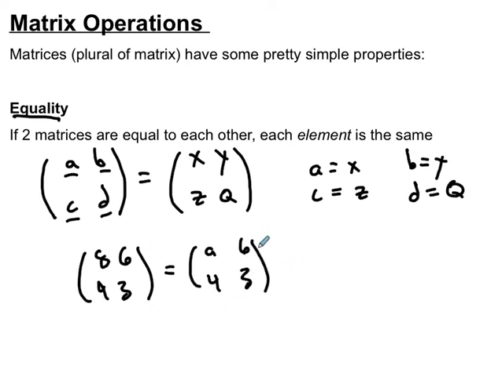Looking at it here, I know that 6 is equal to 6, 3 is equal to 3, 4 is equal to 4, and 8 is equal to A. So what must that A be equal to? 8 is equal to A, which means A must equal 8, right? This is a pretty easy example. There are some more complicated ones in your textbook that require you to think a little more and use some algebra, and I trust that you'll be able to find those and work through them accordingly.